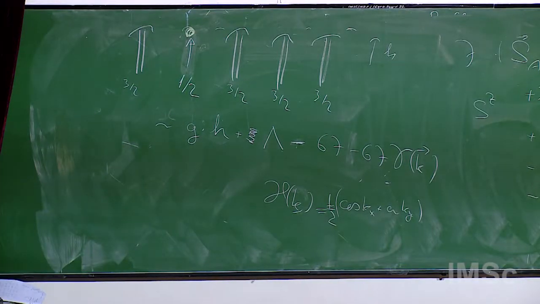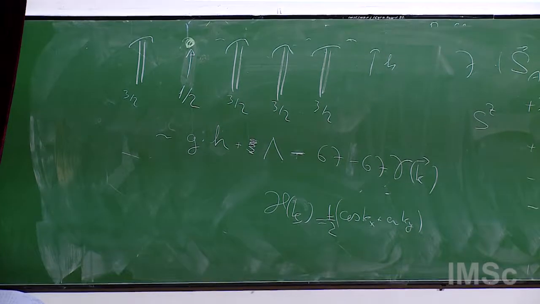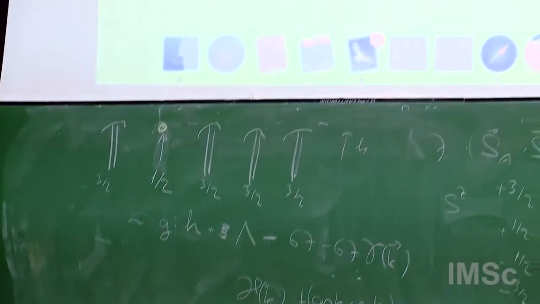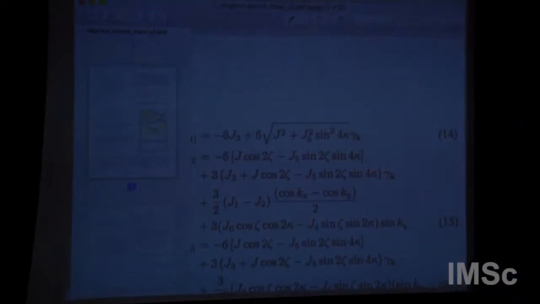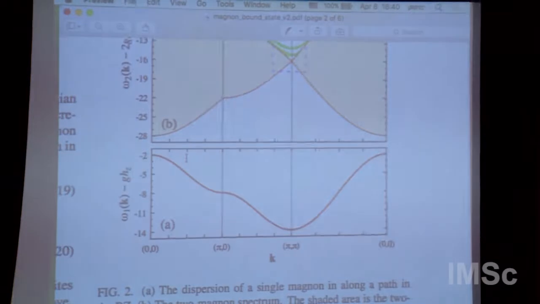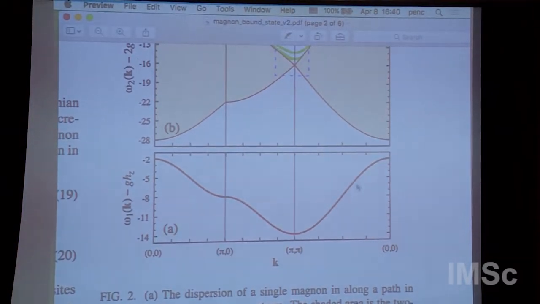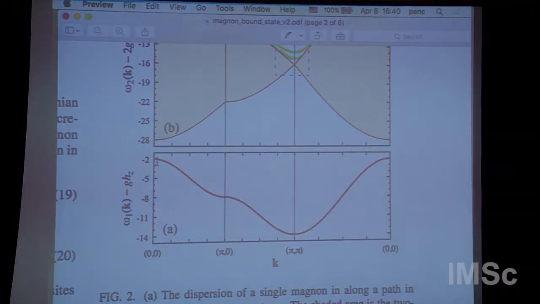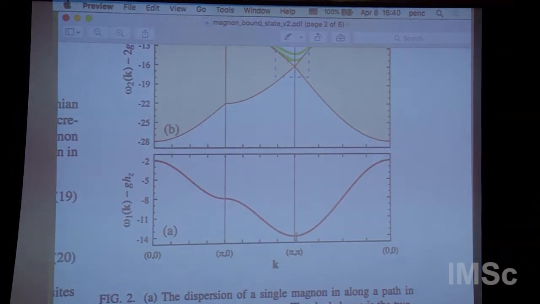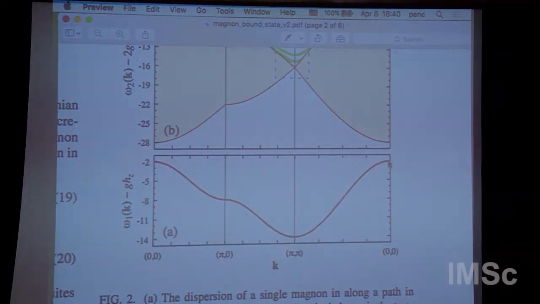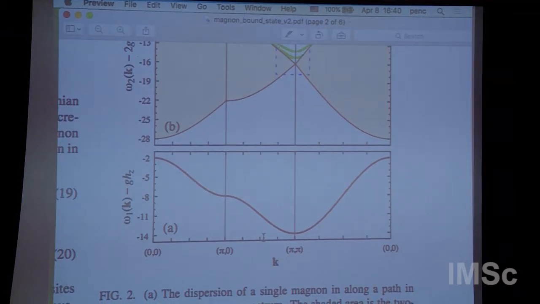Okay, so we can plot this dispersion. It will be somewhere here. This is the dispersion. So it is maximal at 0, 0. It is minimal at pi, pi. And it is again maximal at... this is a cut in the Brillouin zone, a path in the Brillouin zone.